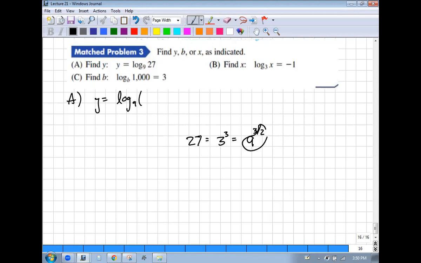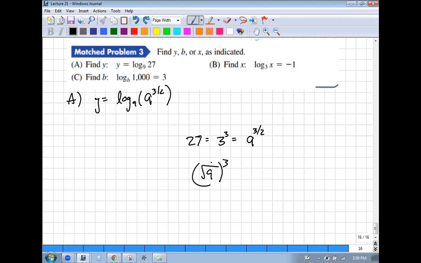So we have the square root of 9 is 3. So we would have to rewrite 27 as 9 to the 3 halves power, okay? It's the square root of 9 cubed, right? So this one's kind of tricky because you look at it and you're like, it's not an integer power, it's a fractional power, right? The connection is 27 is a power of 3, but you need it as a power of 9.